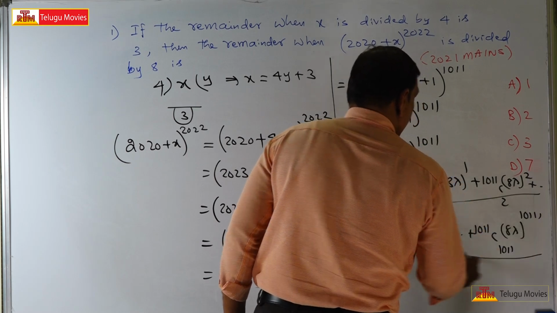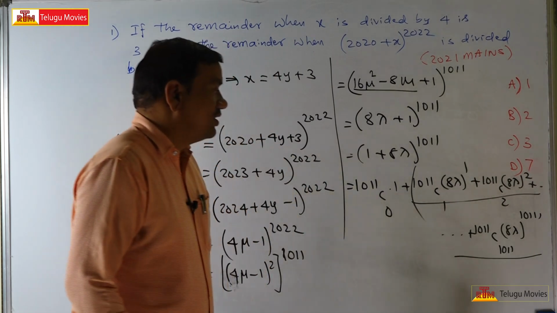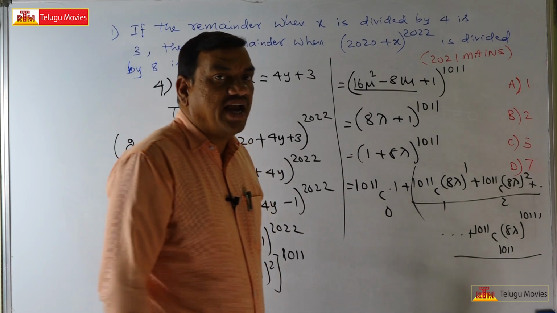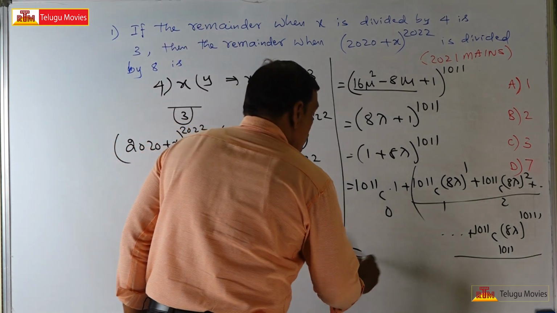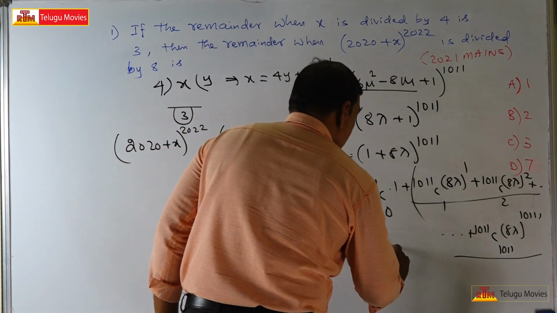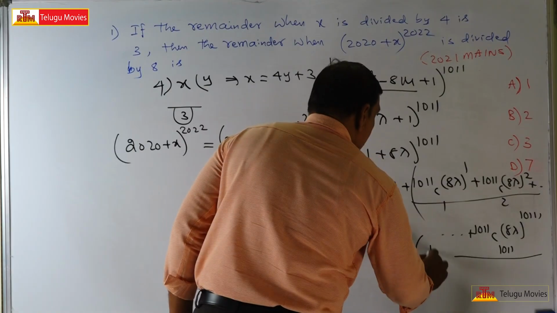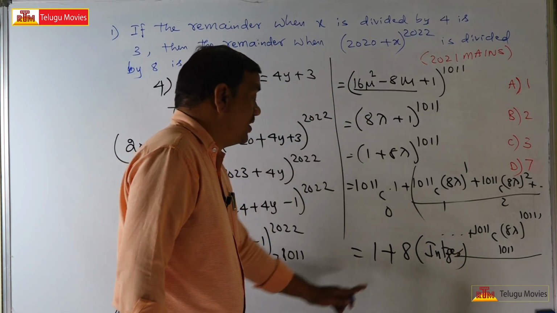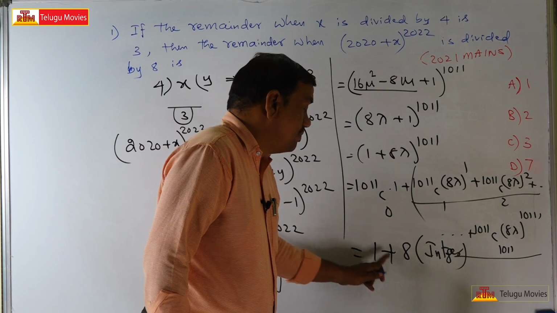From this, what you can observe, here 8 lambda, 8, everywhere you can take 8 common outside. So 1011C0 value is 1 plus 8 into some integer. You are getting or not? So 8 into some integer plus 1.